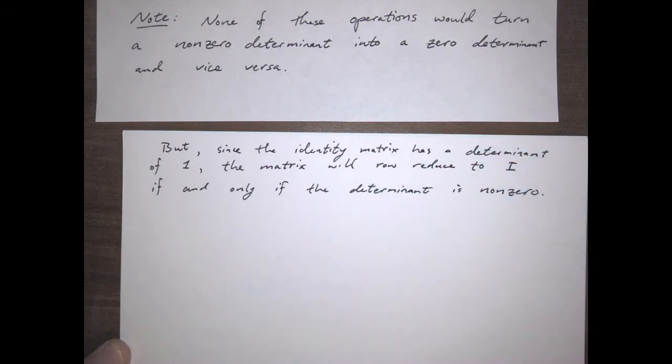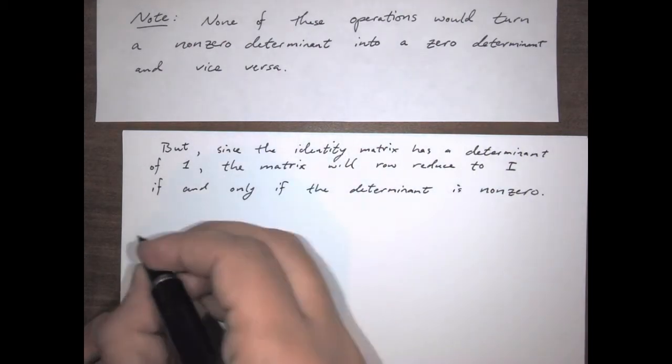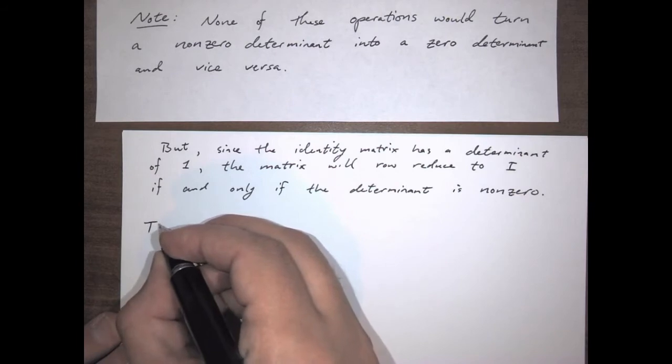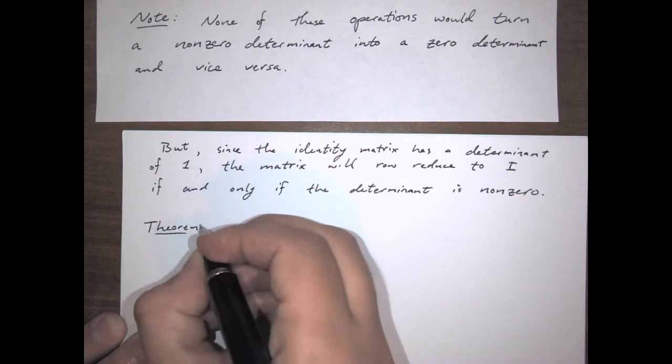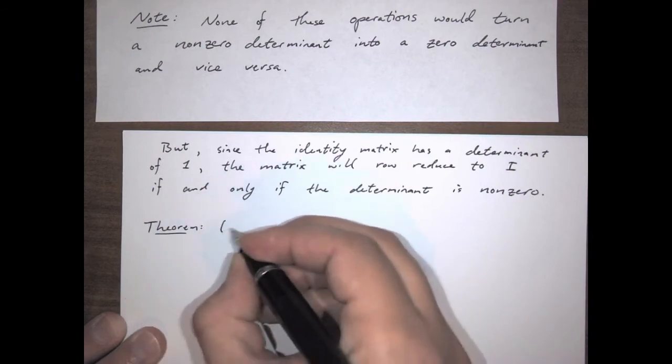Now that is a part of the invertible matrix theorem. So therefore, we can add to the theorem with this. So theorem. This is the invertible matrix theorem, volume 3.